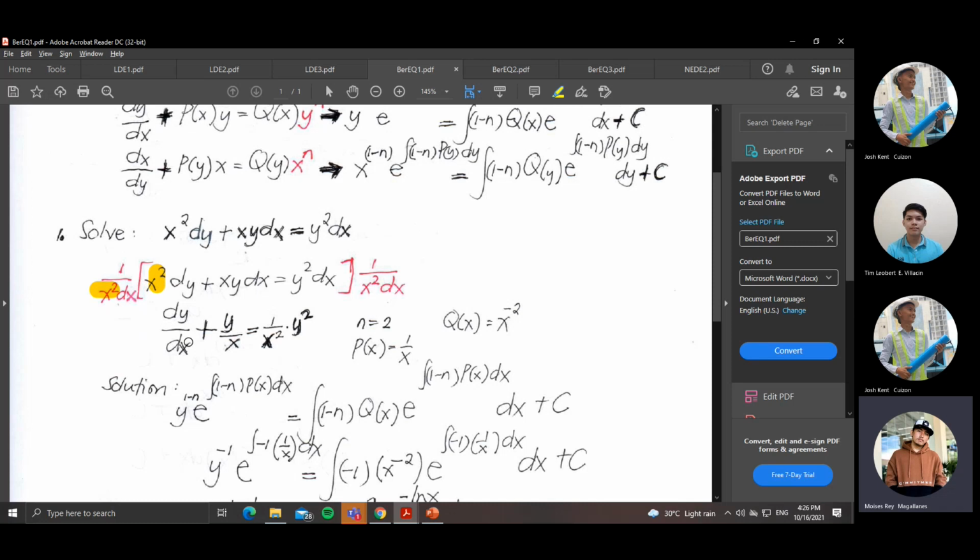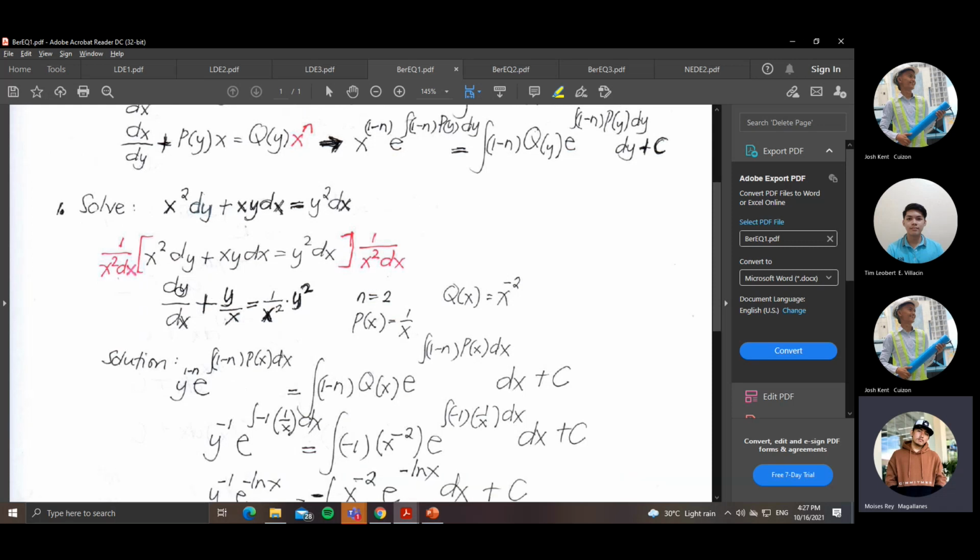So dy over dx, and then for the second term the dx goes away and x remains, giving y over x. And lastly, y squared: the dx goes away, giving y squared over x squared, or 1 over x squared times y squared.